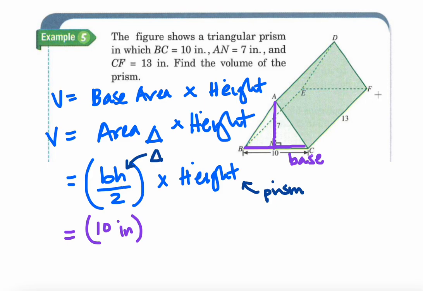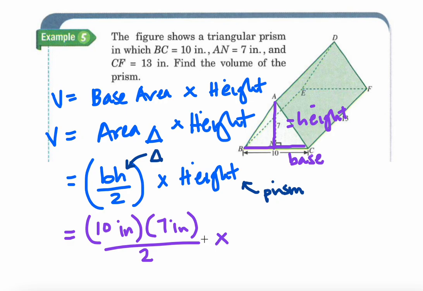Because we're just looking at the triangle at this point, and that triangle's height is 7 inches. Take those two numbers, multiply them together, divide by 2. That'll be that part of the formula, the area of just the triangle.